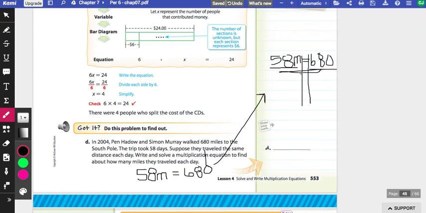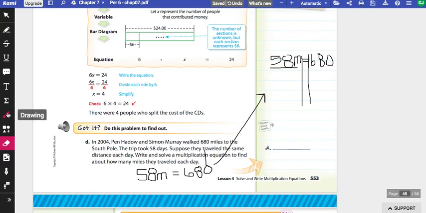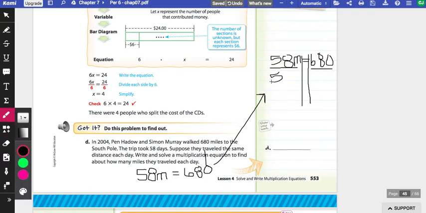Oops. Sorry. It gets a little tricky sometimes. I'm going to divide each side by 58. It's a little tricky to draw some of these numbers sometimes. 58. And over here, 58 over 58 cancel out, which leaves me with just m on this side of my equation.